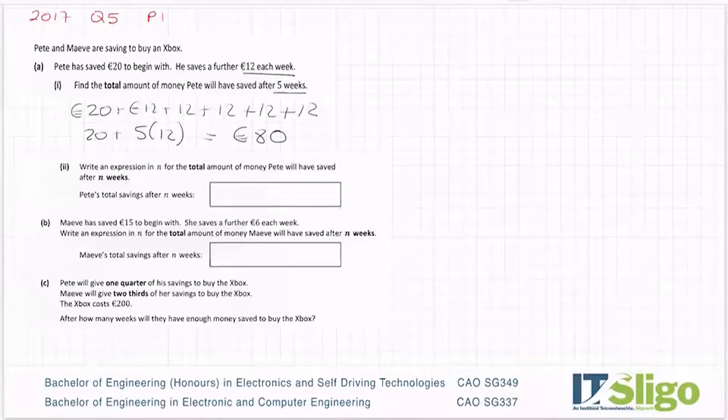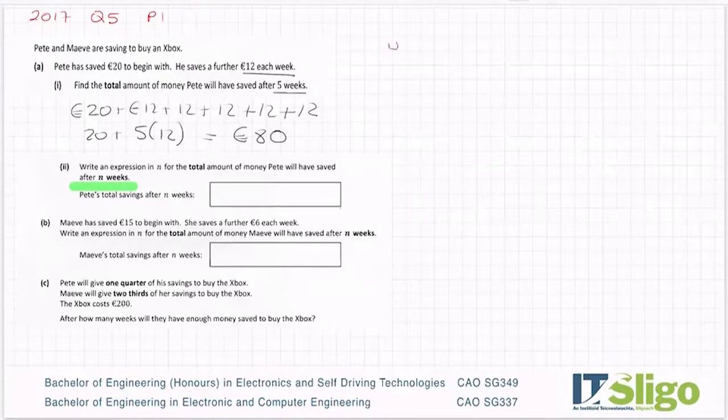Now part 2. Write an expression in N for the total amount of money that Pete will have saved after N weeks. So this is a little bit harder. We have N weeks. One way people do this is they look for a pattern.